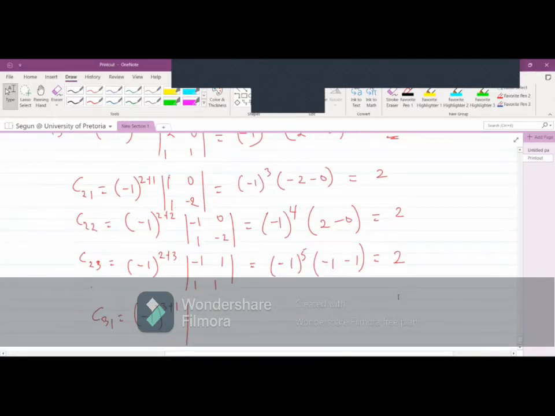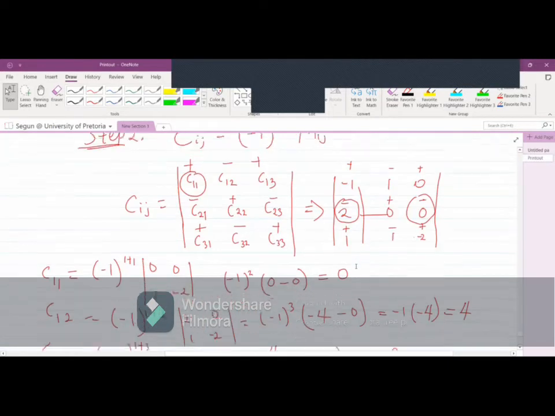The last one we did, sir, I'm not clear. Which one? The C23. Where we got minus 1, minus 1. 1 multiplied by minus 1, right? Yes, sir. Minus 1 times 1. Okay. I'm not clear, sir.